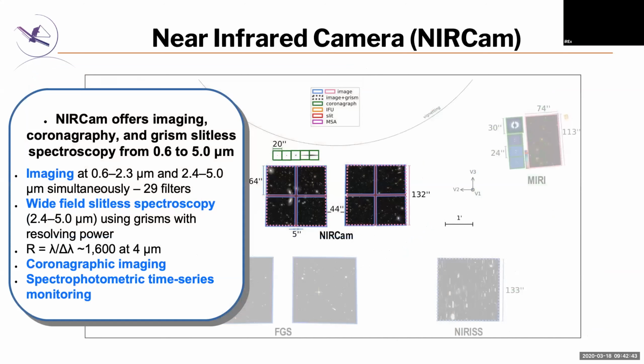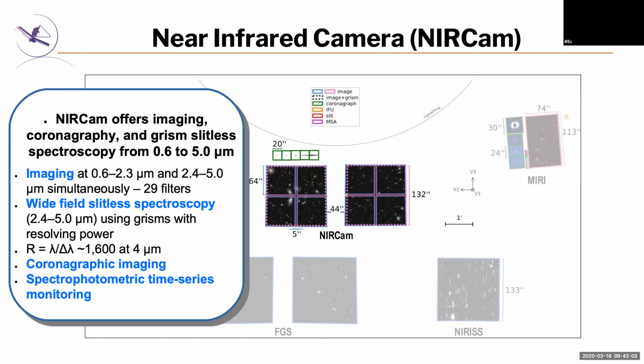Okay, so now NIRCam, which is like a workhorse instrument, has 10 simultaneous detectors observing. So it can do imaging between 0.6 and 2.3 in the blue channel and 2.4 and 5 microns in the red channel.